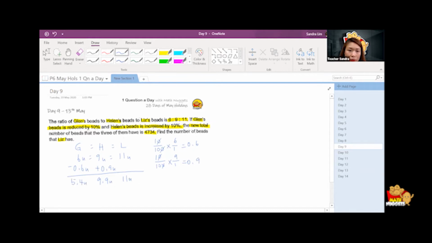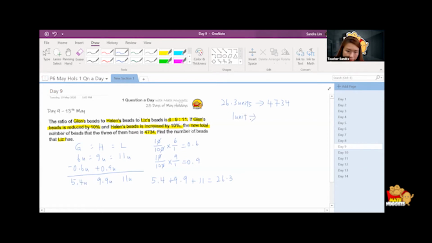So we know that in total, at the end will be 4,734. So we add up all the units in the end. So 5.4 plus 9.9 plus 11 is 26.3. So we know that 26.3 units is 4734.